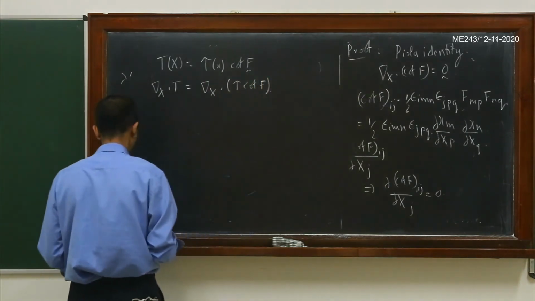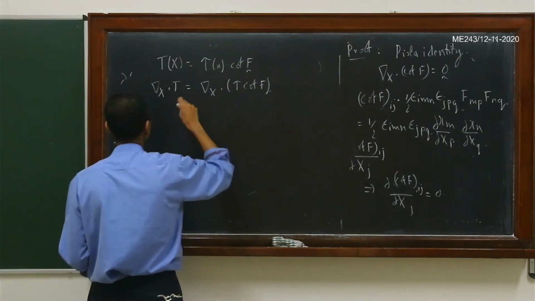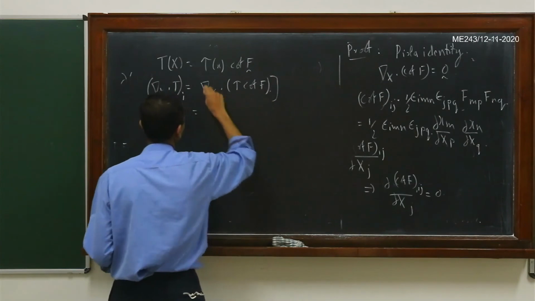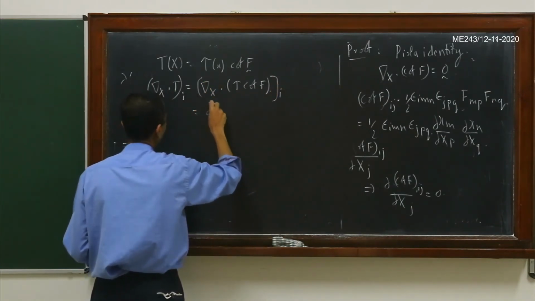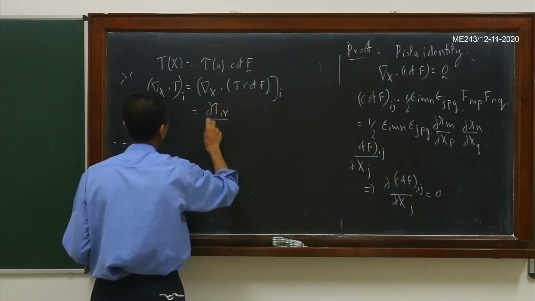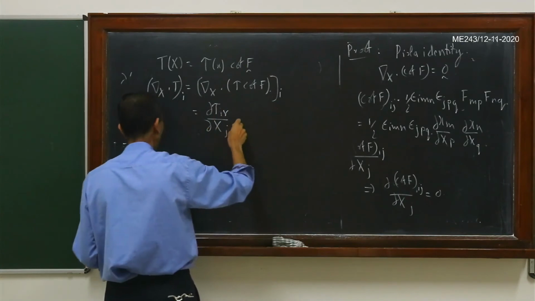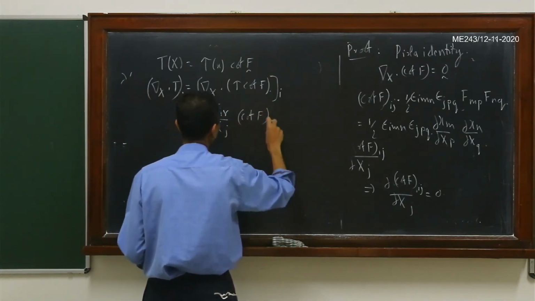And then let me switch to indicial notation. Let me write the ith component of this. So this is del tau IR by del xj times cofactor of f times r of j.